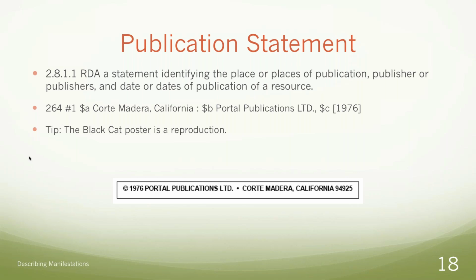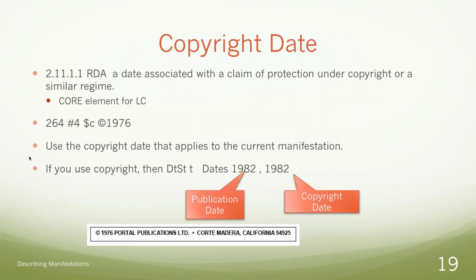So when there's no date of publication, we can infer a date of publication by using that copyright date. And when we do that, we just put that date in square brackets. So that's the easiest way to do that. We also know that this poster is a reproduction of the original one from the 30s when the movie actually came out. So that's a helpful part of that.